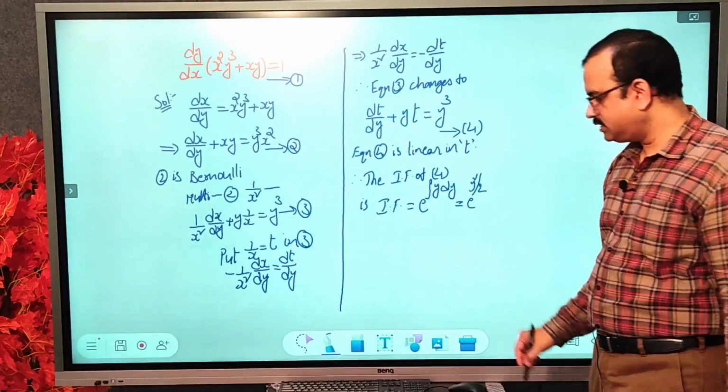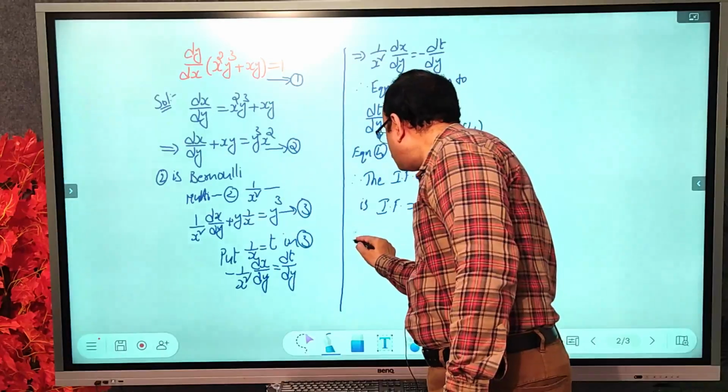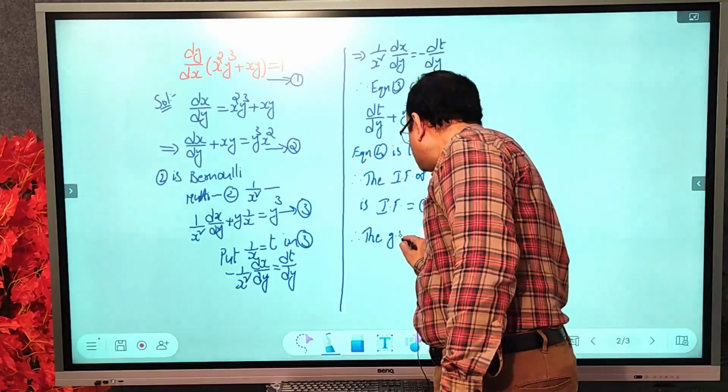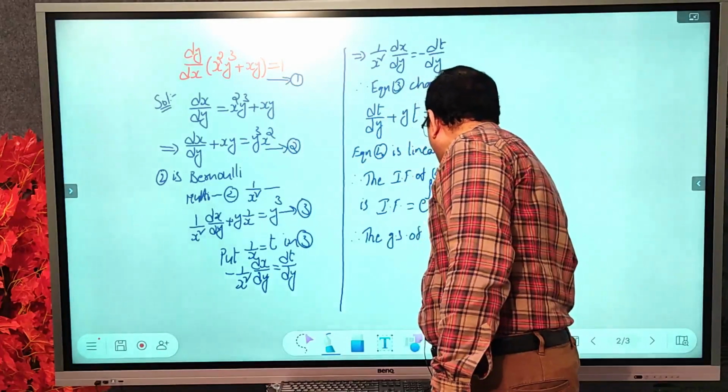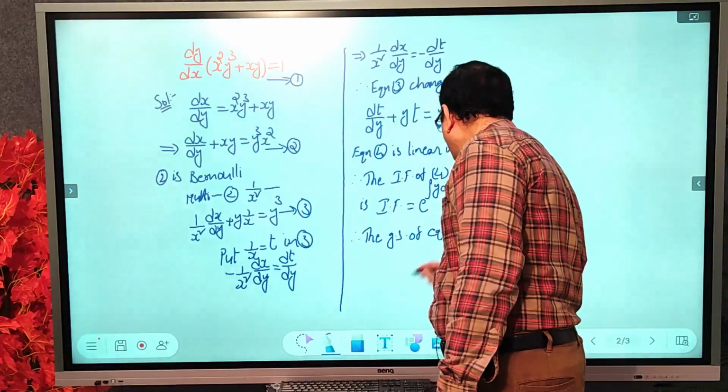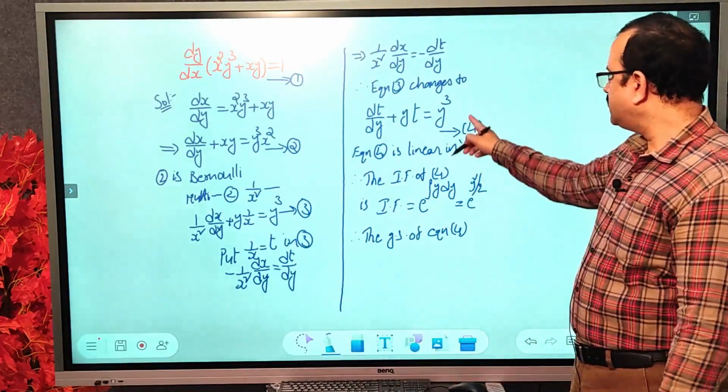So now we will write the general solution. Therefore the general solution of equation 4 only we are going to calculate, because we have identified that equation 4 is linear in t.